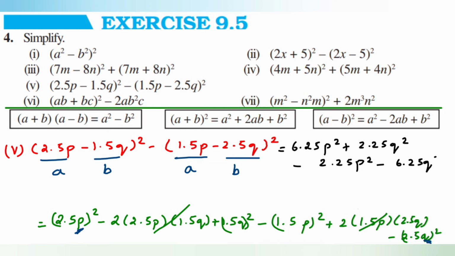Now we're going to subtract here. You can see these two are like terms, 6.25p² and minus 2.25p². When you subtract, we'll get 4p², and when you subtract the q terms, we'll get again 4q². So this is the answer for this problem.